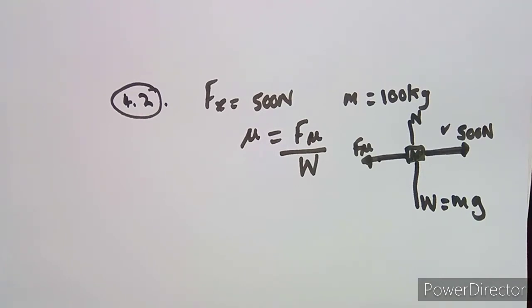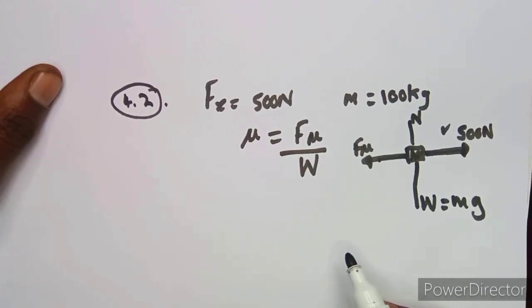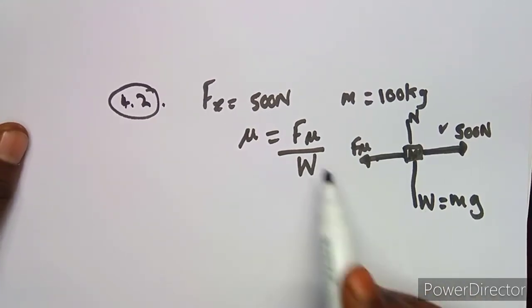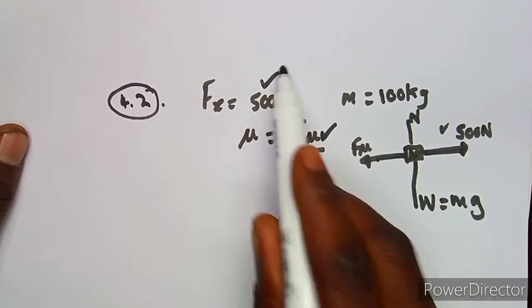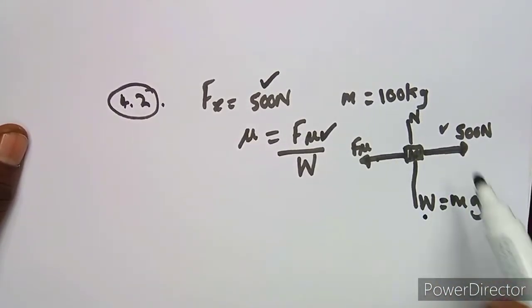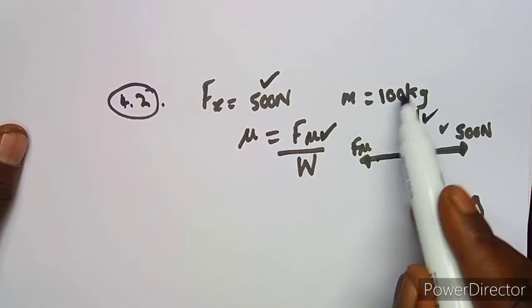So if that be the case, we have to calculate, because already the frictional force we said is equal to Fx, which is this 500, so we need the weight, which is equivalent to N.